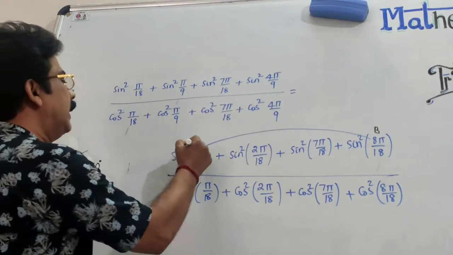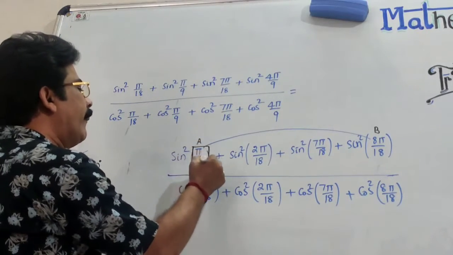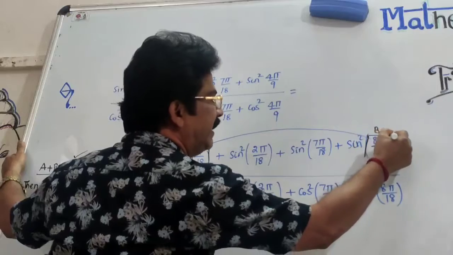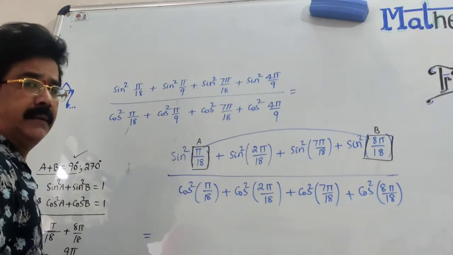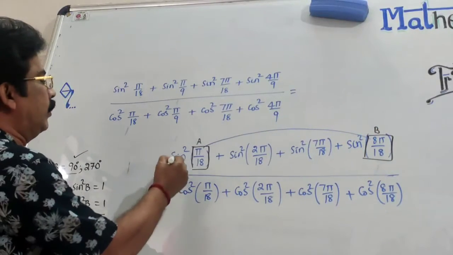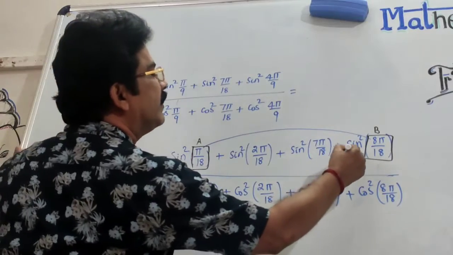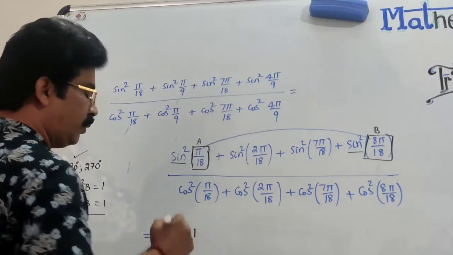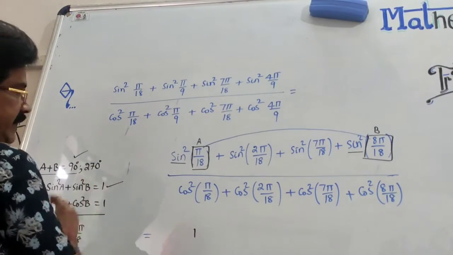So A plus B is equal to 90 degrees. Therefore sin² A plus sin² B is equal to 1 according to this.